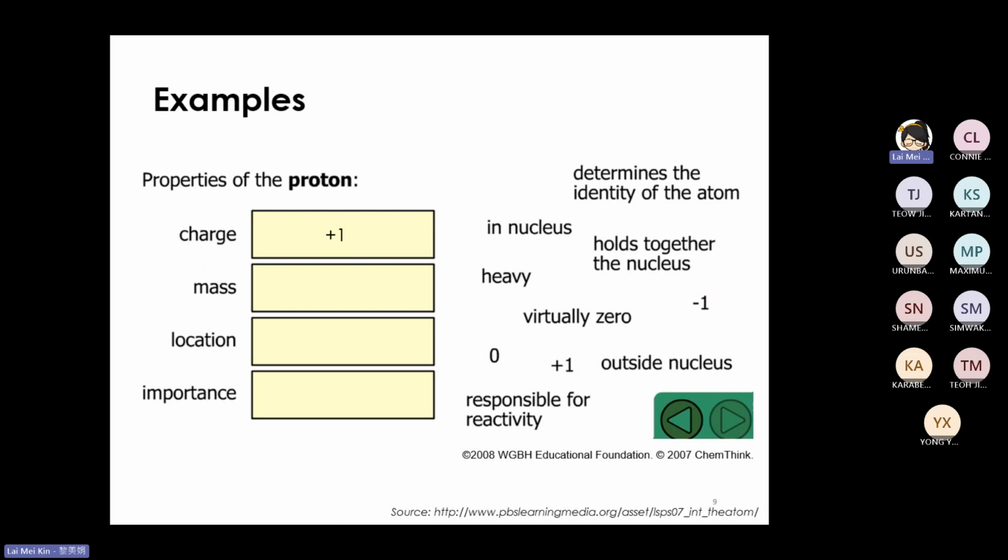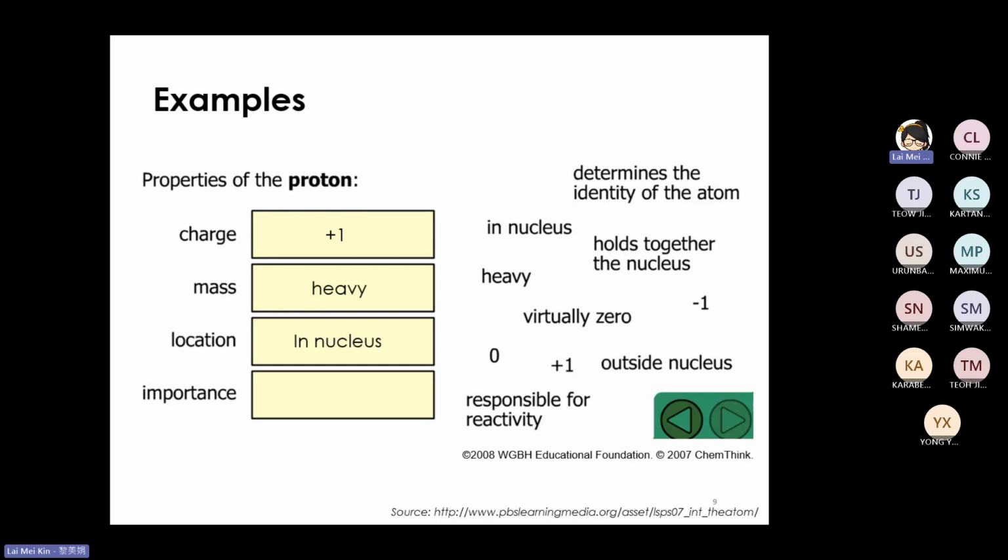One proton is positive, one charge. The mass of proton: we consider it as heavy. One proton gives roughly a mass of 1. The location of proton is in the nucleus.